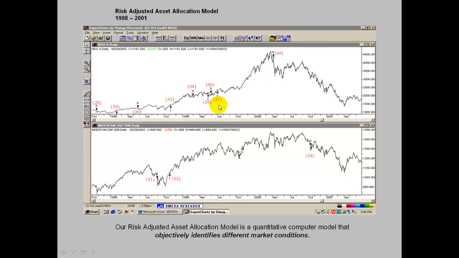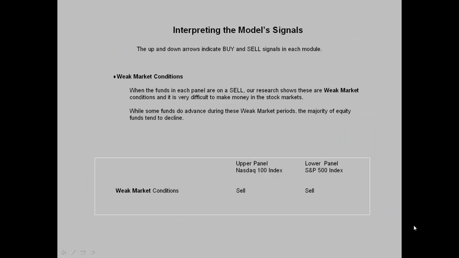The signals are shown graphically as a buy signal represented by an up arrow, and the down arrows represent sell signals. The data elements and calculations in each of these upper and lower panels are different, and therefore the timing of the buy and sell signals in each of these panels is different.